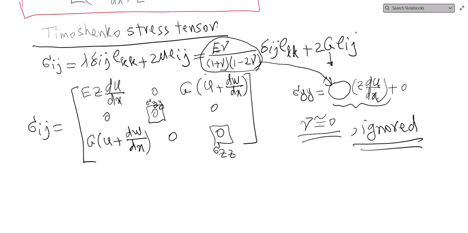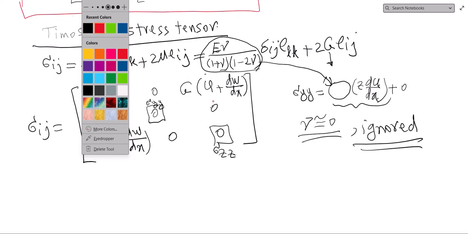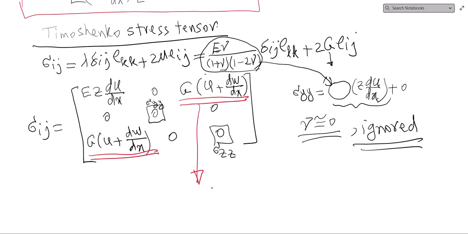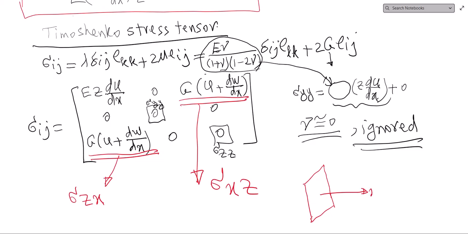One thing that you see here, and maybe I change color here for explaining this, this is non-zero, and this is non-zero. What is this? This is basically sigma xz. And what is this? This is sigma zx. So if I draw an element here, which is x in this direction, so we have the normal sigma xx, which is this component here.